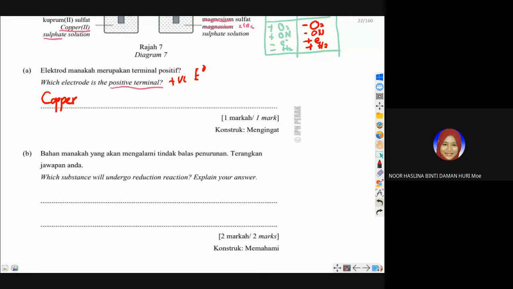Okay, which substance will undergo reduction reaction? Nanti saya tengok jawapan siapa ni. Angelina, copper, loose electron. Halin, copper. Okay, yang saya panggil nama dah tadi.